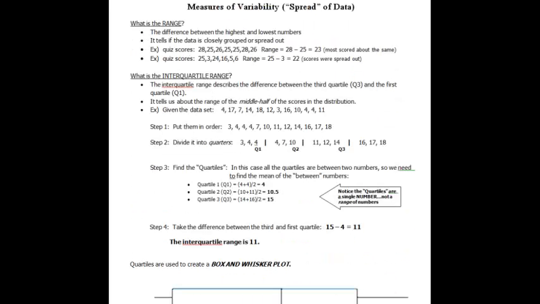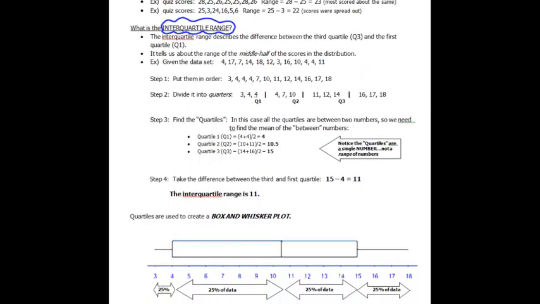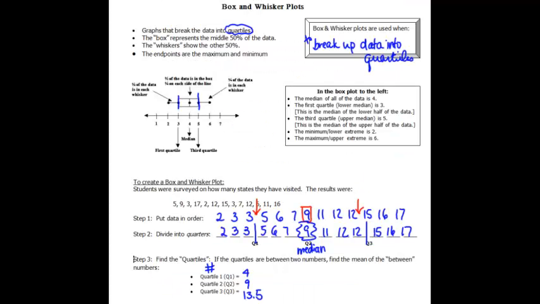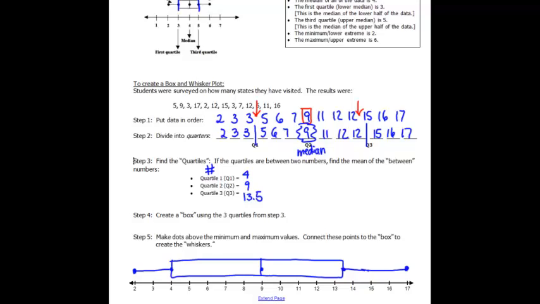Now we need to go back and talk about the spread of data in the interquartile range. So because we've created this box plot, it makes our interquartile range pretty easy. This is the difference between the third quartile, which we just talked about, and the first quartile. And that's all it is. It's a range between quartile 3 and quartile 1. It tells us about the range of the middle part of the scores, because remember in my box and whisker plot that I had, if we go back to this diagram quickly, I have it broken up into quarters.